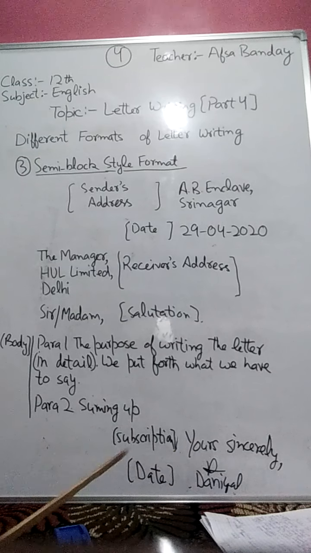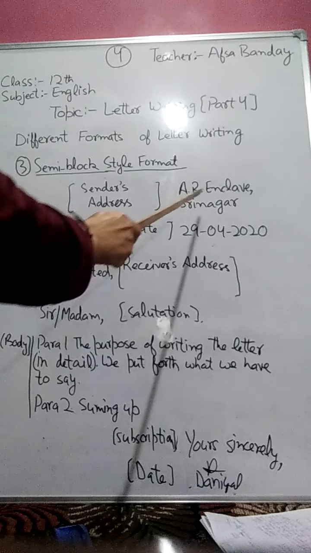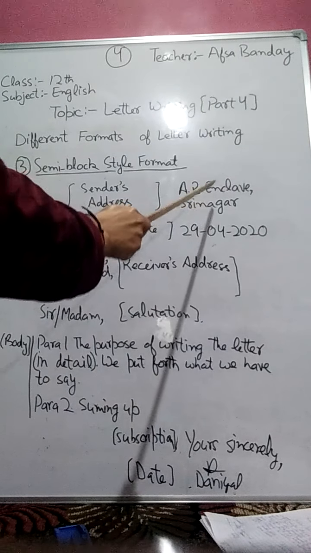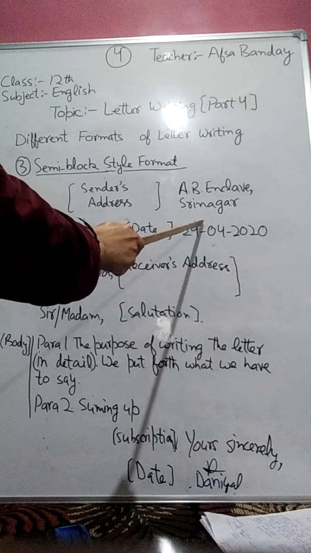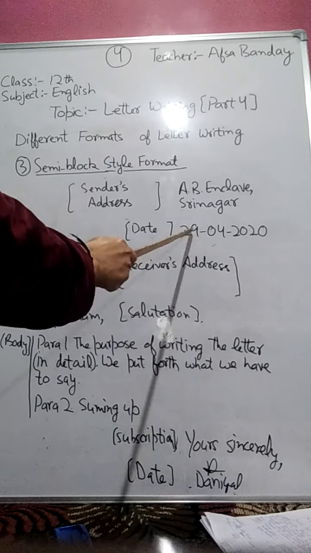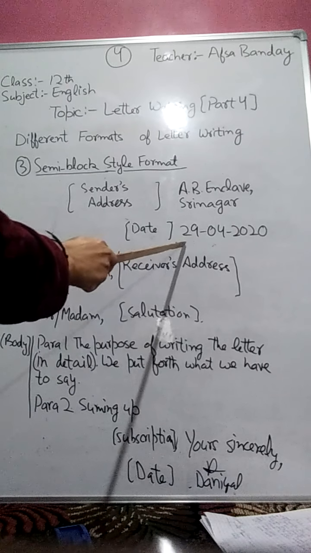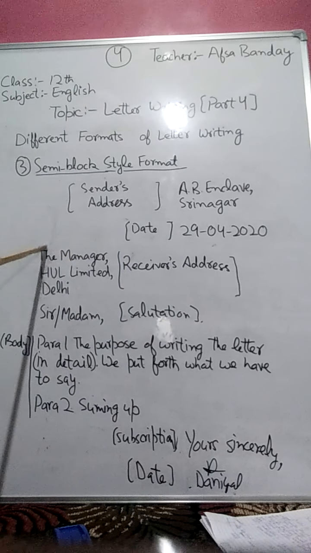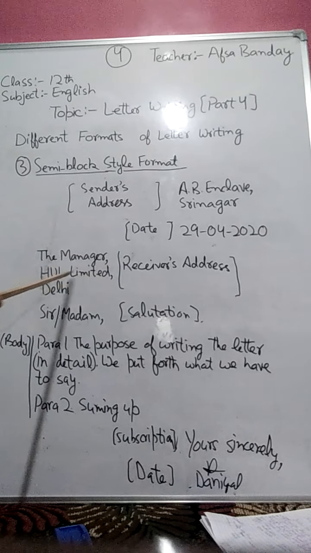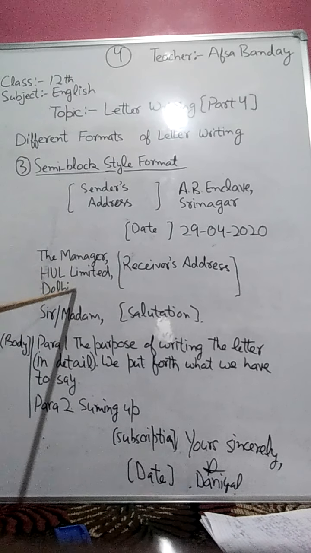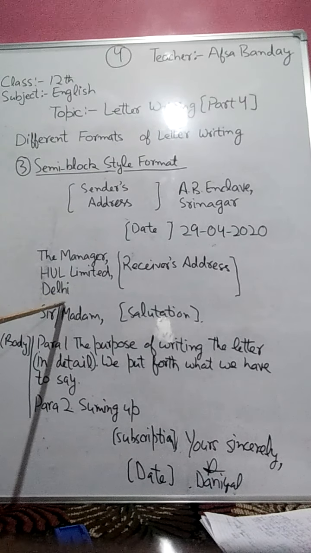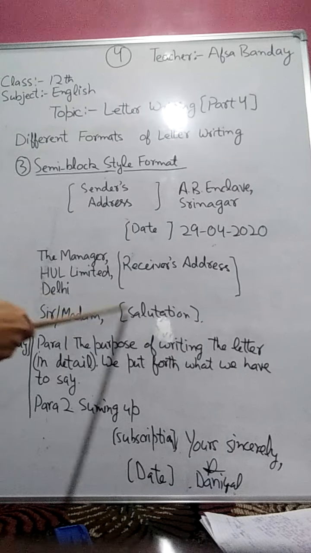So here we start with sender's address towards the right, and then, followed with a gap of 1 line, we write the date, again towards the right. Then we move towards the left and we write the receiver's address in detail, followed by the salutation.